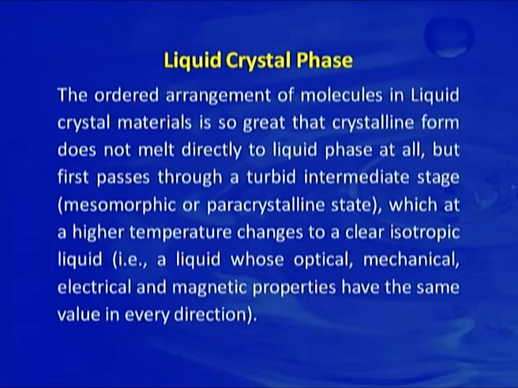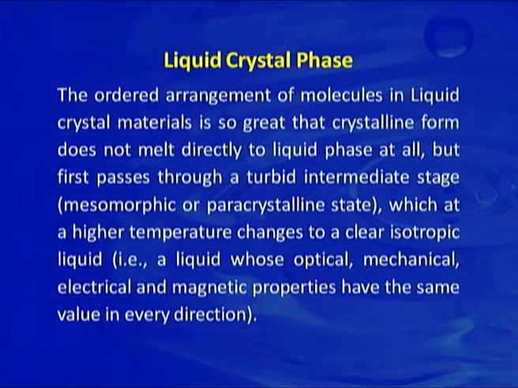Liquid crystalline materials are finding many applications in the electronic industry because they are responsive to changes in temperature and electrical field. The ordered arrangement of molecules in liquid crystal material is so great that the crystalline form does not melt directly to the liquid phase at all.